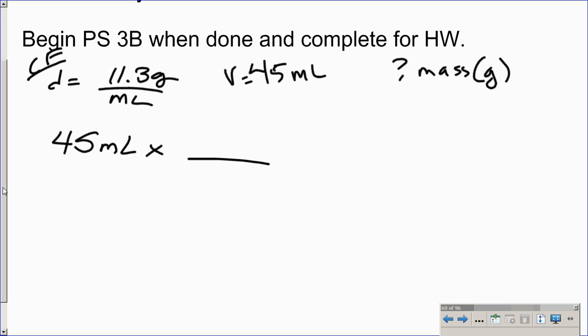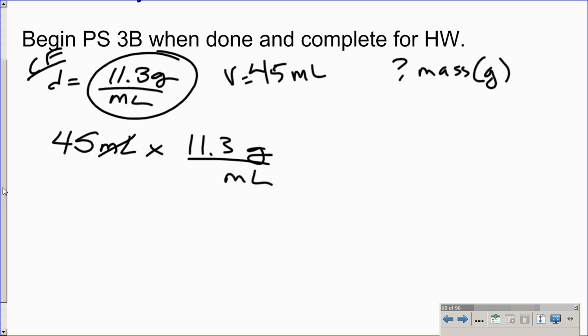But what's the only fractional unit they give me? They give me this density here. And I'm going to write it exactly as is because I need those milliliters in the bottom. Milliliters here. The 11.3 grams go on top. Milliliters cancel, and I get to grams.